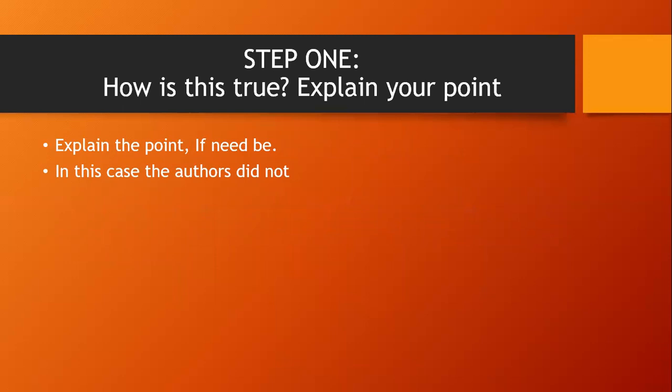In this case, the authors did not, maybe because it was clear enough, and also because of the type of paper they were writing. This example was gotten from a letter to the editor. You have to be really, really judicious with your words because of the limited word count.